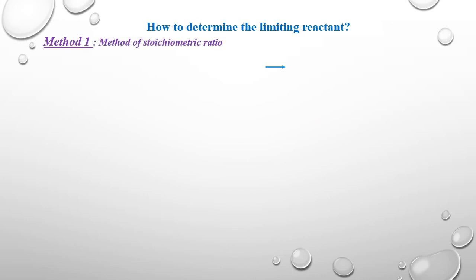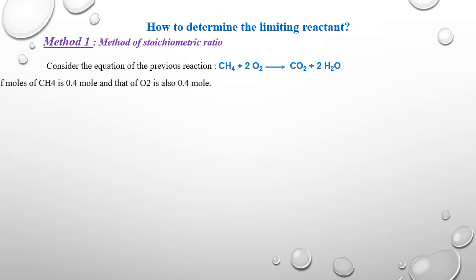How to determine the limiting reactant? Method 1. Method of stoichiometric ratio. Consider the equation of the previous reaction, CH4 plus 2O2 to give CO2 plus 2H2O. Suppose the initial number of moles of CH4 is 0.4 mole and that of O2 is also 0.4 mole.